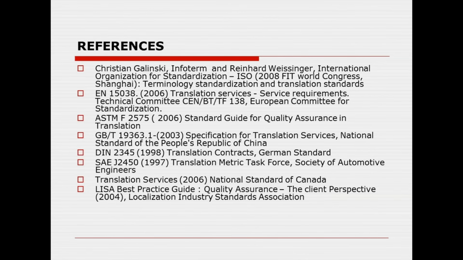I have actively made use of these, with people whom I have interacted with personally: Christian from Infoterm, Austria, then EN 15038, then ASTM F2575. Then I requested the Translators Association of China, TAC, to send me their standards, and luckily they sent one copy to me.